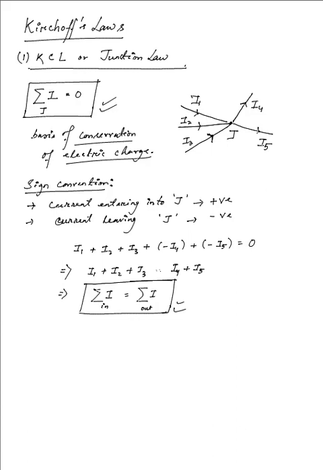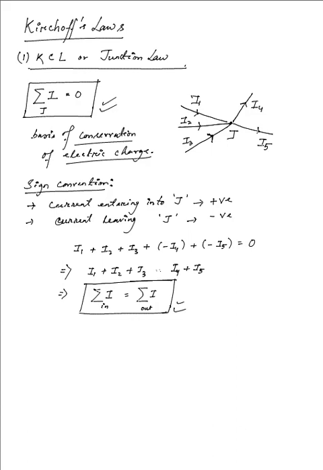Right, so the total current that is entering, or that is provided to a junction, is equal to the total current that is coming out of it, because there is conservation of charge. There is no loss or gain of any form of electric charge at the junction or along the wire.